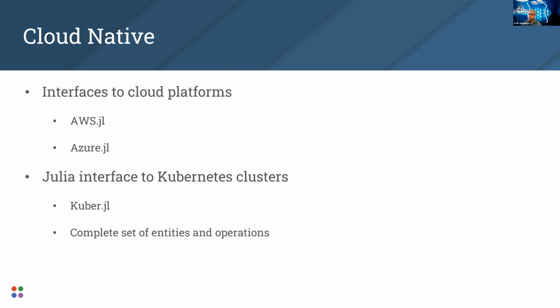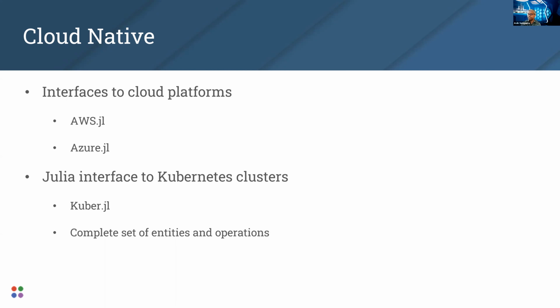So, talking a little more about the cloud, if you're deploying Julia code in the cloud, which most people want to do these days, Julia has different libraries that allow you to interface with the cloud systems easily. So for example, for Amazon Web Services, there's a package called AWS.jl. For Azure, there's a package called Azure.jl.